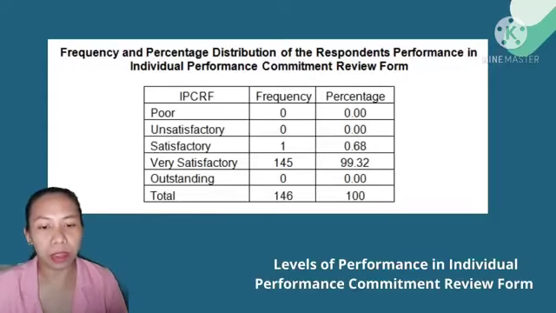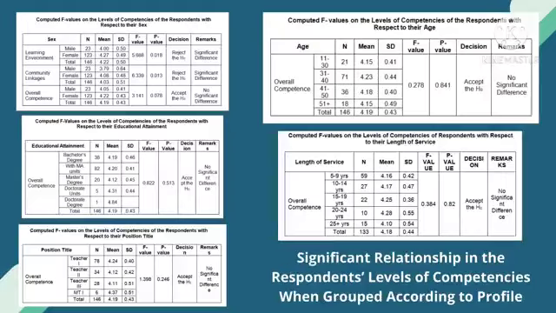Majority of the teachers have a very satisfactory teaching performance with 99.32% and only 1.68% has the satisfactory rating. For significant relationship in the respondents' levels of competencies when grouped according to profile, almost all null hypotheses are accepted. Only the learning environment and community linkages with p-values lower than the 0.02 level of significance are rejected.